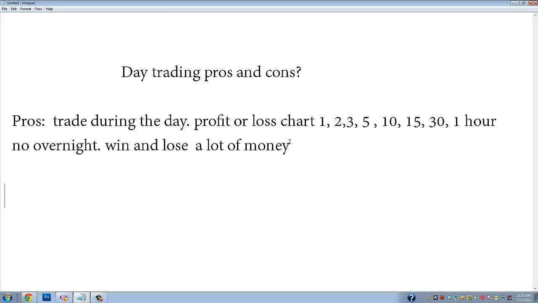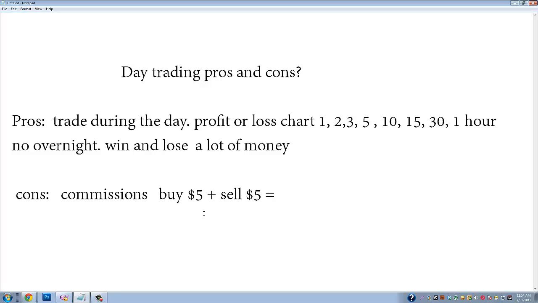Now the cons of this, it means the disadvantages. One of the main disadvantages is commissions. Commissions means if you do a trade, let's say buy, $5, plus sell, $5.